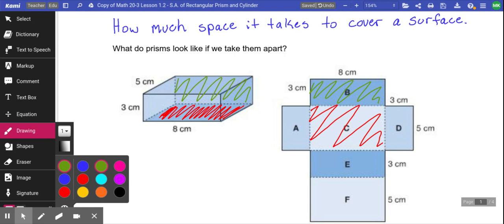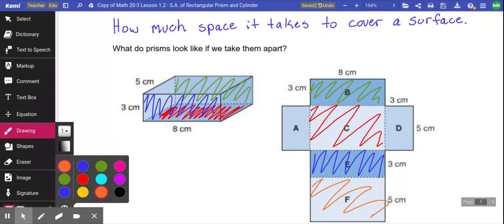Part E is the front part, as if it had been laid down, folded down. Part F is the top of the box, as if this top layer up here.